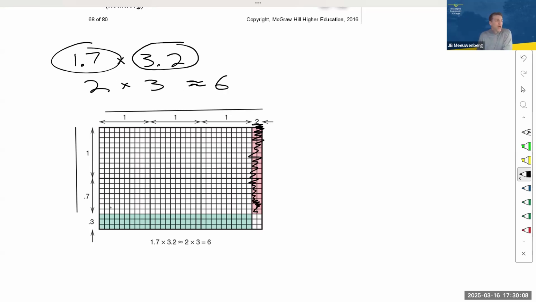When we rounded 1.7 up to 2, we then added on this. So you can even see from the diagram that we added on a little bit more than we took away. And so our answer is probably going to be a little bit bigger than the actual product. But that's okay, because we're just going for, again, an approximation here.